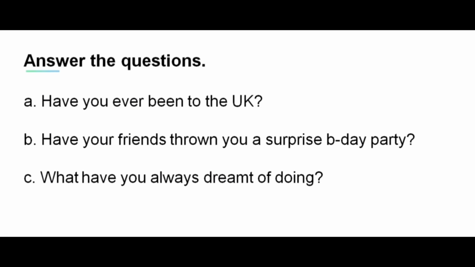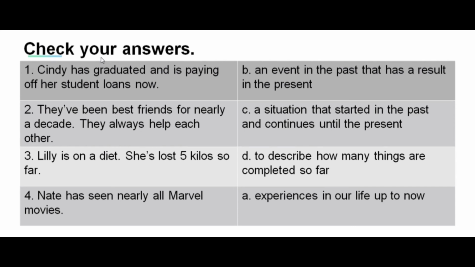And now, let's check your answers. Cindy has graduated and is paying off her student loans now. This is an event in the past that has a result in the present. They've been best friends for nearly a decade. They always help each other out.